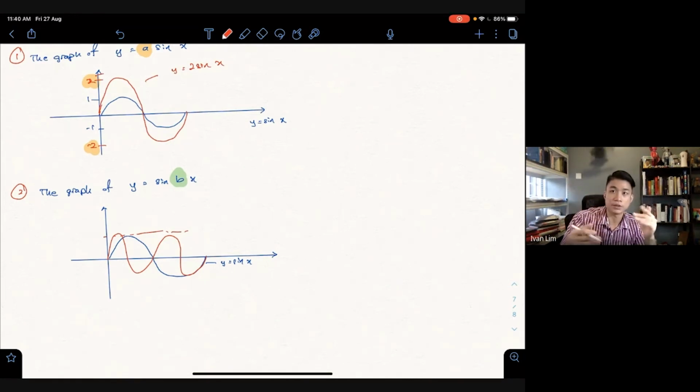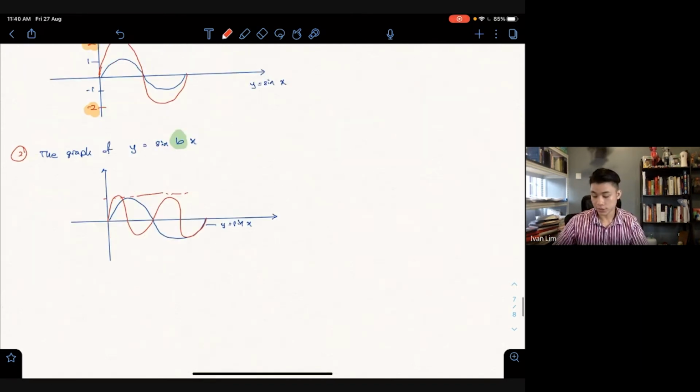I keep saying cycle because that's the term I learned last time. So my one period is 180 degrees. In a way, the value inside is the reciprocal. If it's 2, then I take 360 degrees divided by 2. If it's 3, then I take 360 degrees divided by 3. So this is how you do the second case.